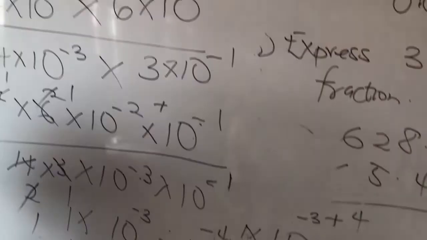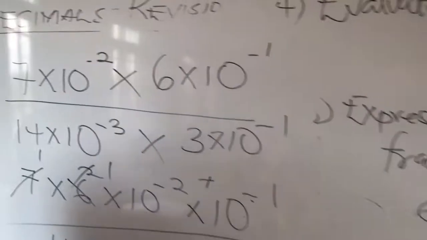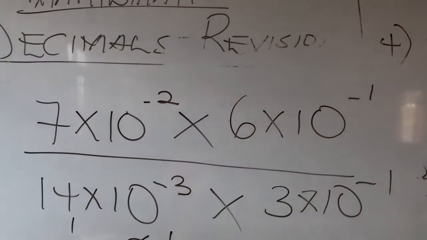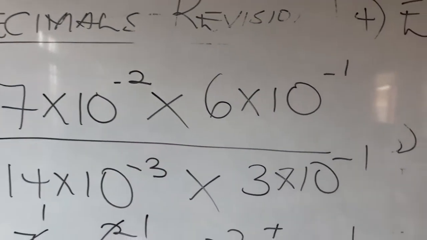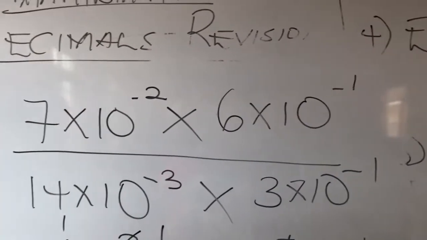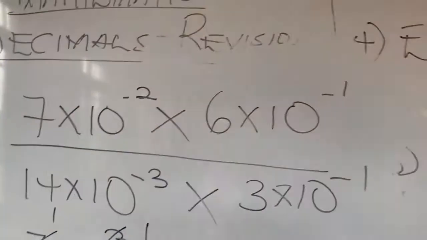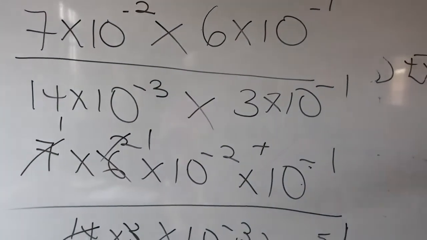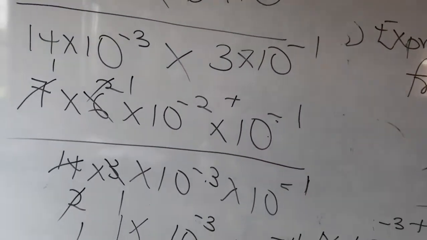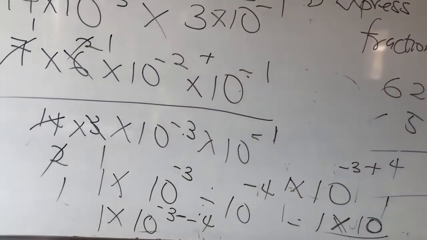Okay. Now the last thing, which is this one. Now the last thing is what? This one. Express 3.75 as a mixed fraction.